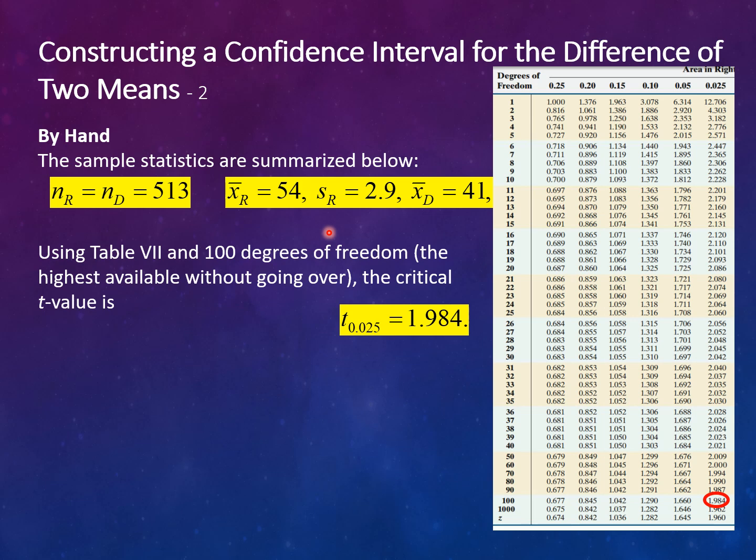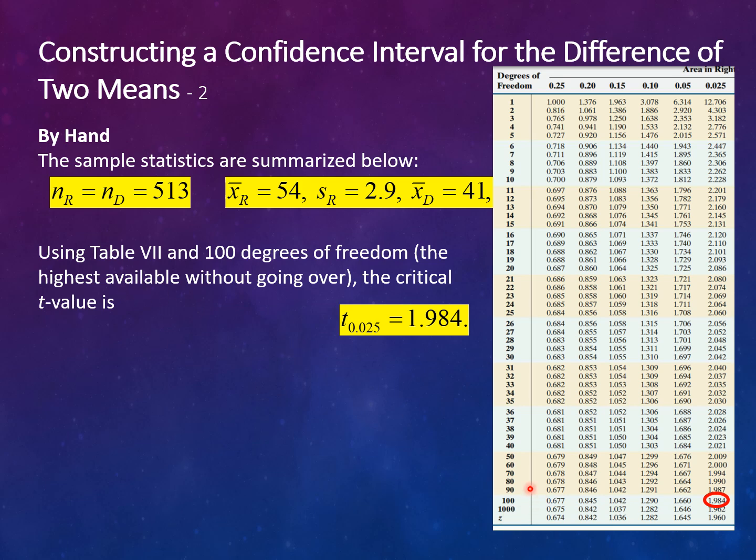So using table 7, we use 100 degrees of freedom. Now, why do we use 100? A degree of freedom, if we subtracted 1 from the sample size, would give us 512. Remember, at the bottom, we only go up to 90, but we go by tens after a while. We have 100, but then we have 1,000 right after 100.